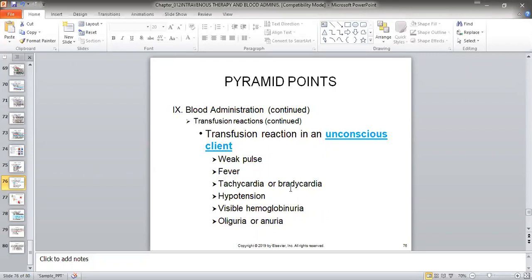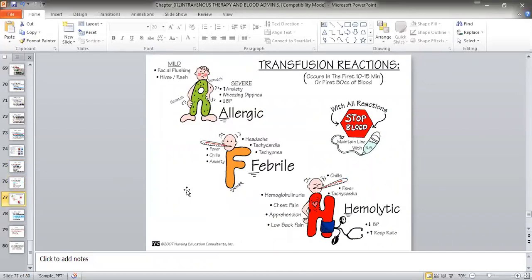Bradycardia, hypotension, hemoglobinemia, visible hemoglobinuria, or oliguria or anuria. Most common signs and symptoms of blood transfusion reaction, I said, are back pain, chill, hives, or tachycardia, right?